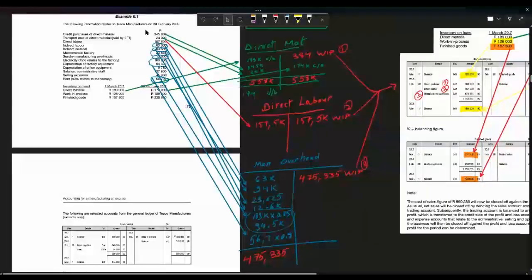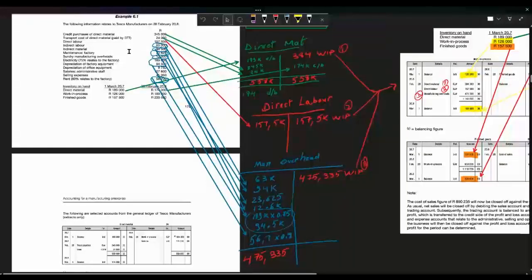So when we're looking at the direct material account, for example, we need to take into account what is the opening. And as you can see here, this is the opening. It's 189,000. That was the opening balance, plus the credit purchase and plus the transportation cost. We add them up together and this gives us a total. Now, this total needs to be on both sides. So you need to replicate this total on both sides.